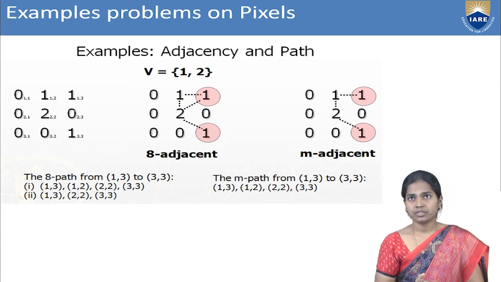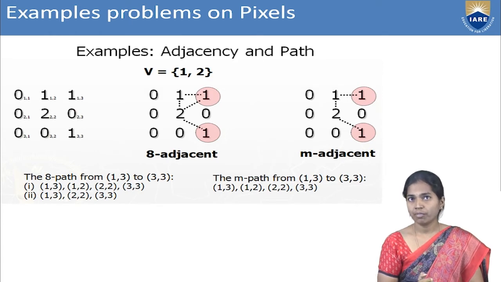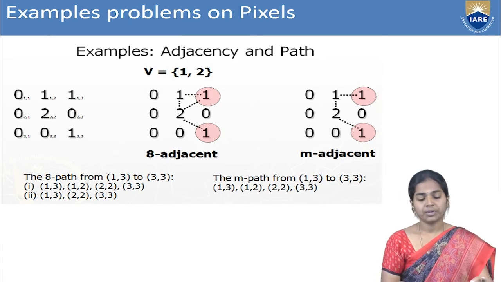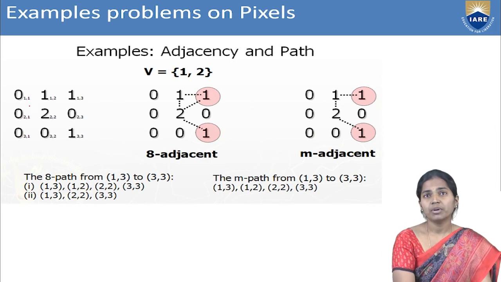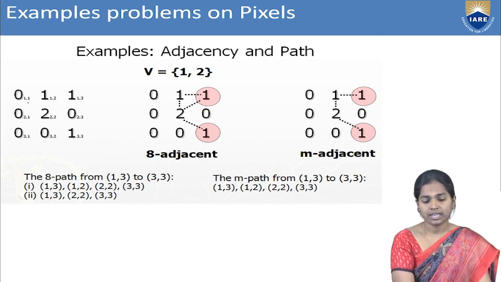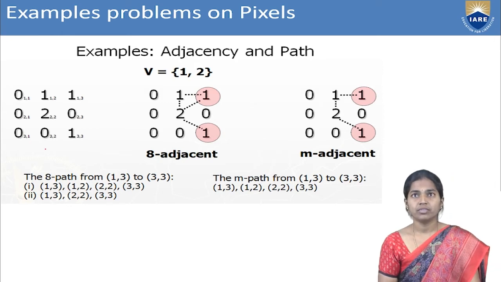In image processing, the image is represented in the form of a matrix only. So the representation is: first row first column, first row second column, first row third column, second row first column, second row second column, second row third column. Like that we represent 1 1, 1 2, 1 3, 2 1, 2 2, 2 3, 3 1, 3 2, 3 3.